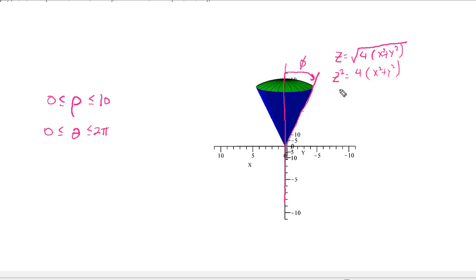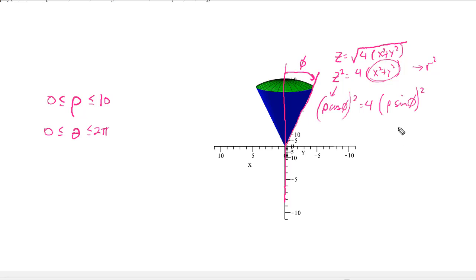And the z squared in spherical coordinates would be rho squared cosine squared phi. Now x squared plus y squared is the same thing as r squared, which happens to be rho squared sine squared phi.